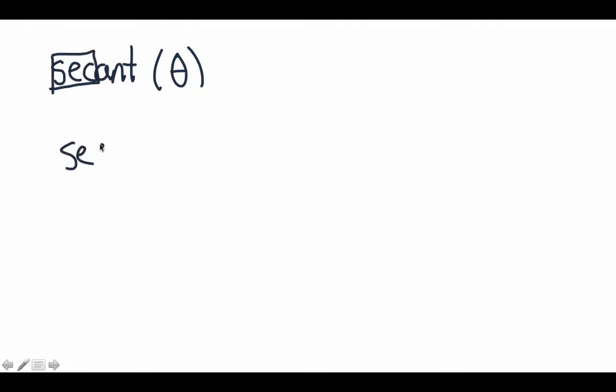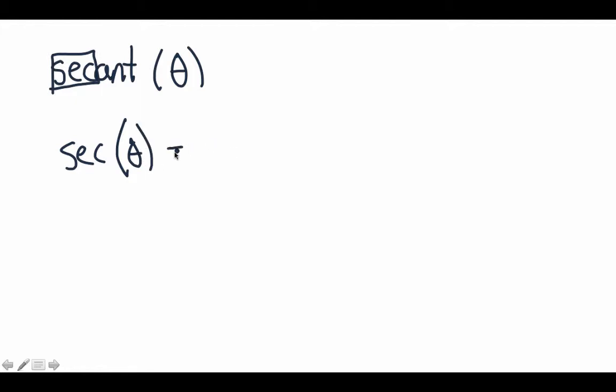Okay. We'll do another trig function. This one is a new trig function, and it's actually called the secant. And again, just like the sine and cosine, they have abbreviations. The secant of an angle theta, which we abbreviate with the first 3 letters, we write sec of theta.